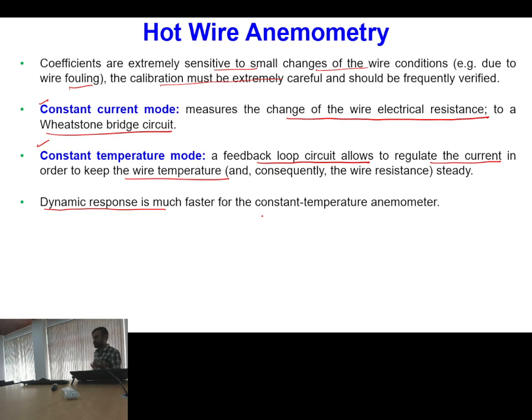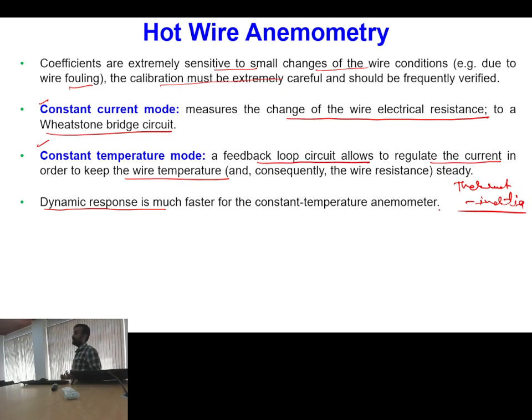So we should allow sufficient time for the heat transfer to take place. After that only will there be a change in resistance, and then that change can be recorded. That is what is called the thermal inertia of the system.